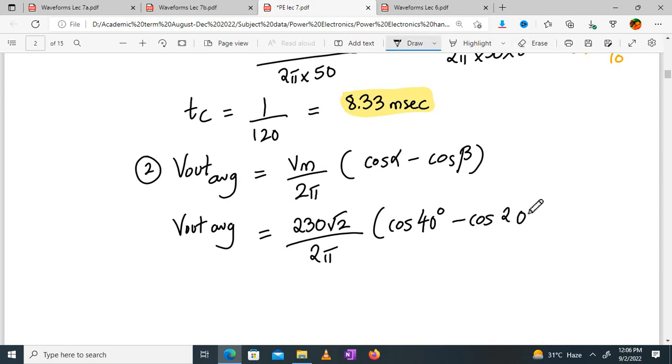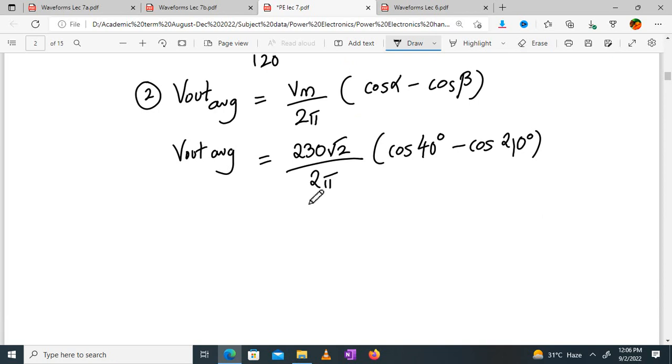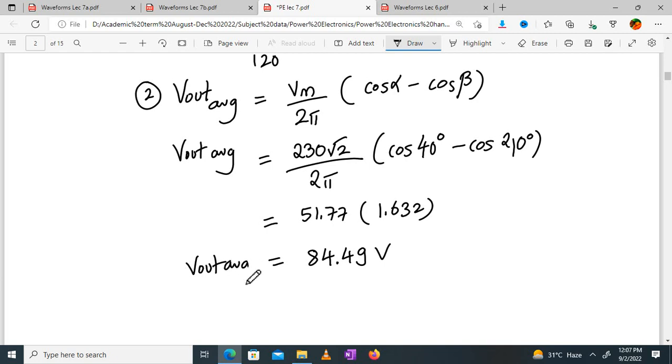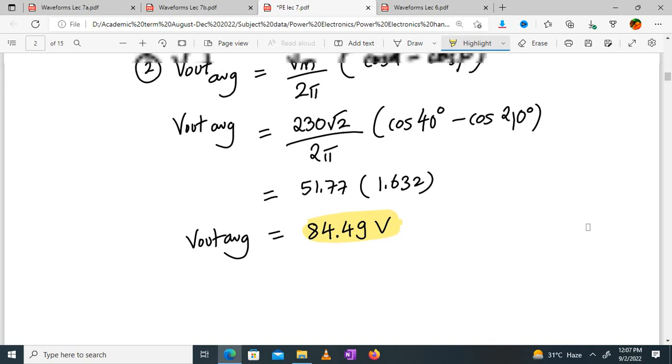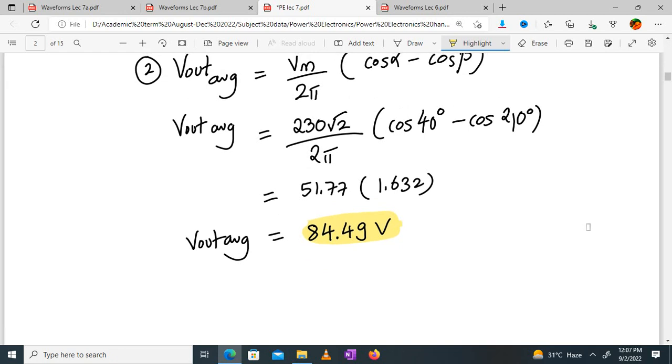Whenever sine and cos come, it will be in degrees only. Now calculate this. This fraction will be around 51.77, and inside the bracket I am getting 1.632. So it's coming out to be 84.49, which is 84.5. Is this correct? So average output voltage is 84.49. Are you all getting a similar answer? Calculated?